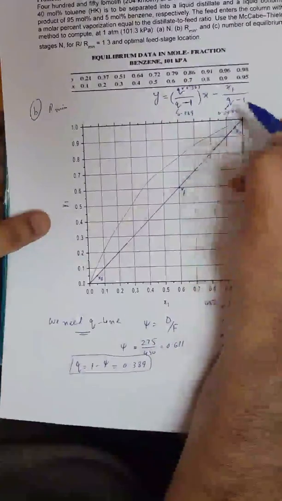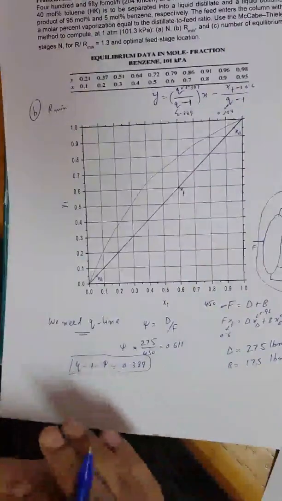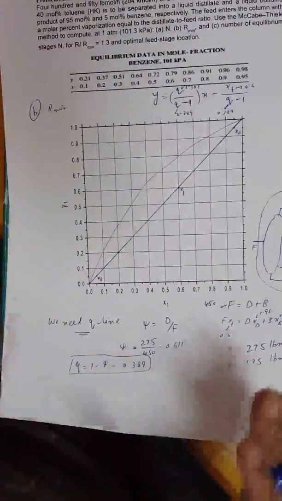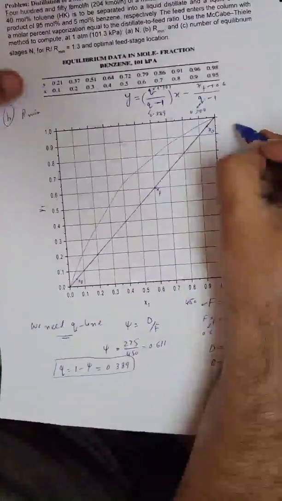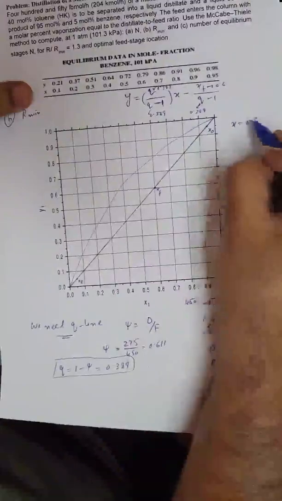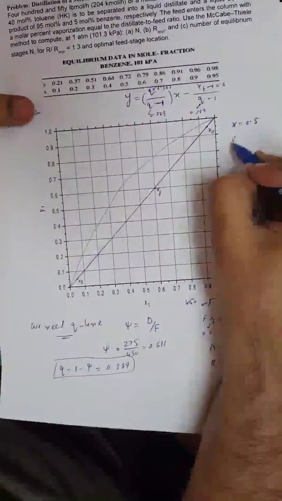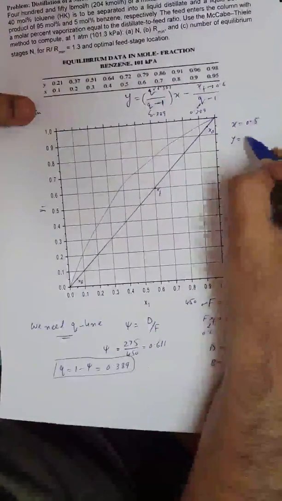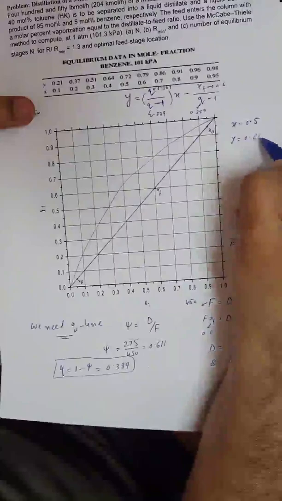This is 0.389, this is 0.6. So you can put any value of x from 0 to 1. So let's say I substitute x as 0.5. If I calculate, I will get y as 0.66.